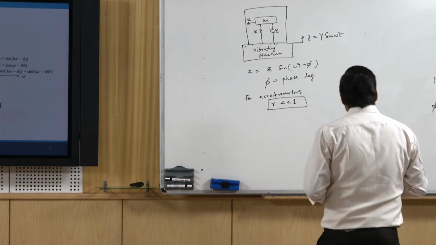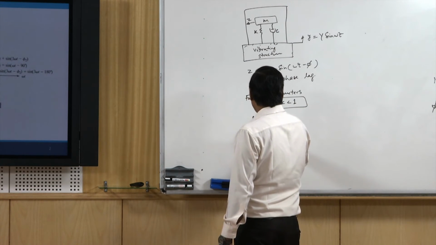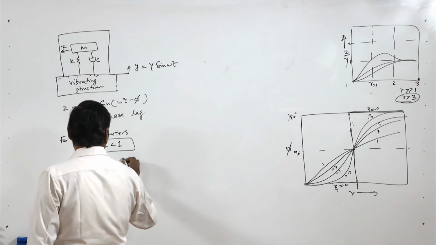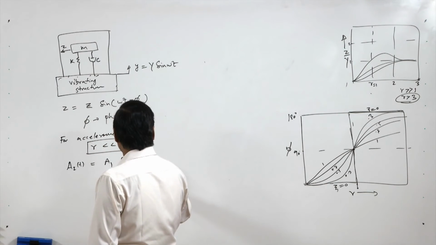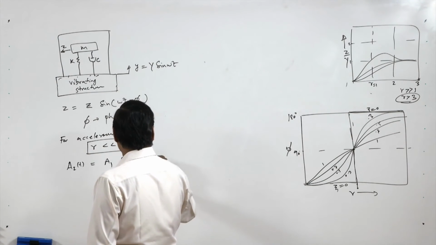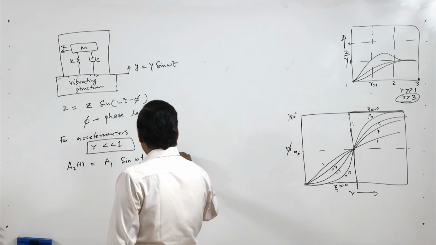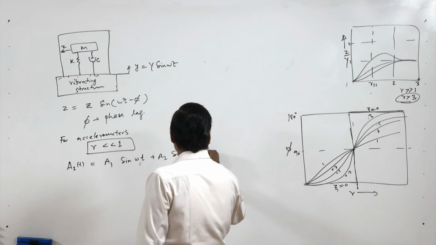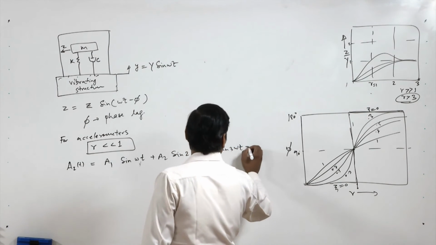So let's assume that my signal, this is my input, this is A1 sin omega t plus A2 sin 2 omega t plus A3 sin 3 omega t plus, and so on.